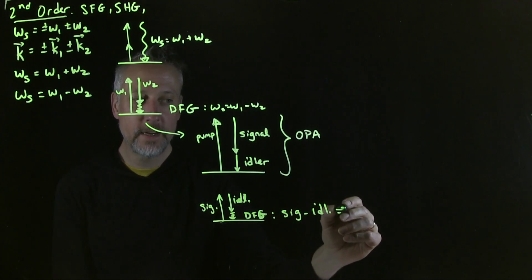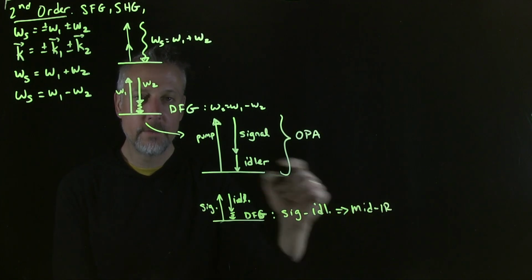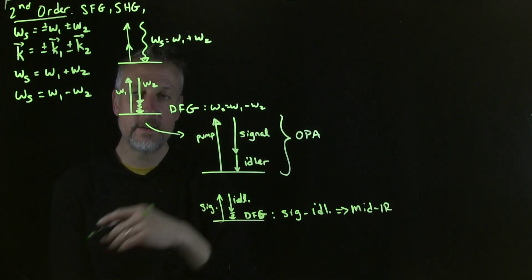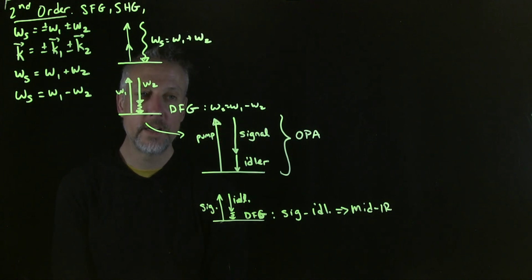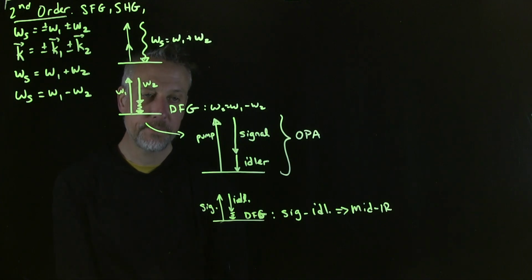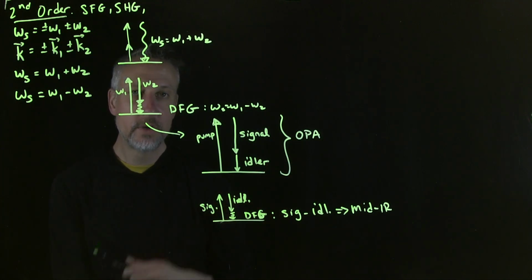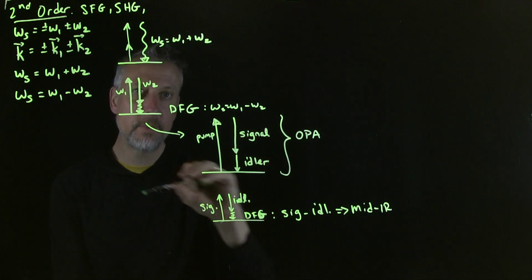And the frequency of this will be signal minus idler. Right? And then this is a very convenient way to make mid-infrared light when you start with a higher frequency light, let's say in the near IR, like 800 nanometers, which is a typical wavelength for lasers that we use. Now, it's a 2-step process, which seems bad, but actually there's some advantages of doing it in 2 steps. You can choose a material that's better for this and a material that's better for this, number one.